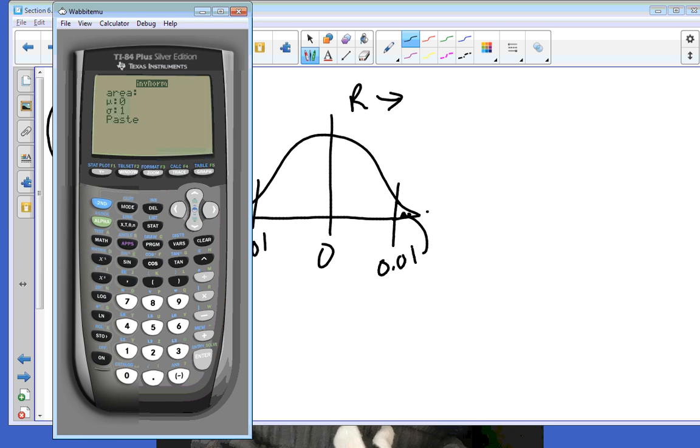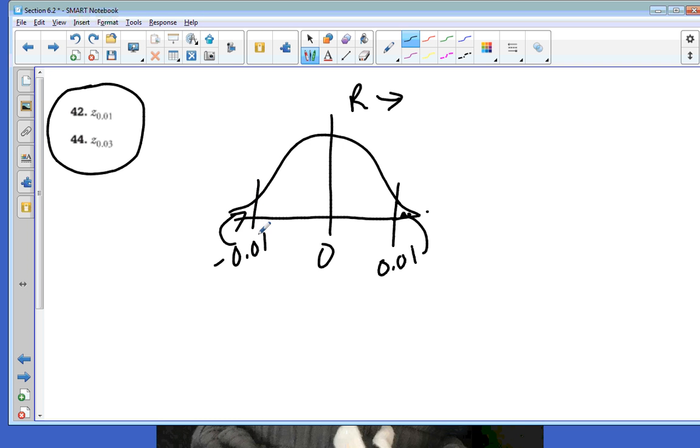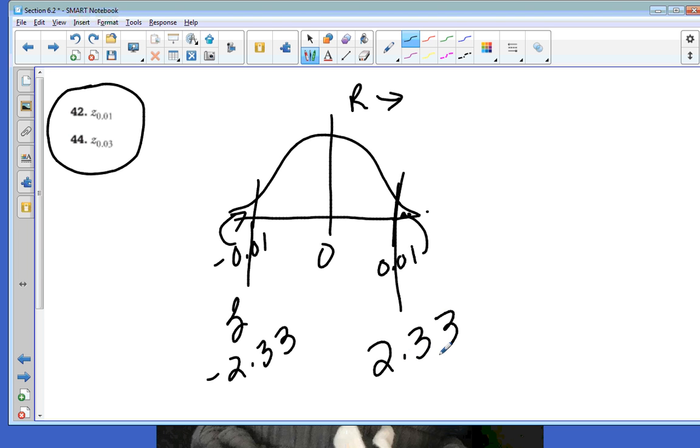And give me that z back. So it's point... And that's going to be a negative 2.33. So this z-score is negative 2.33. This z-score is going to be positive 2.33.